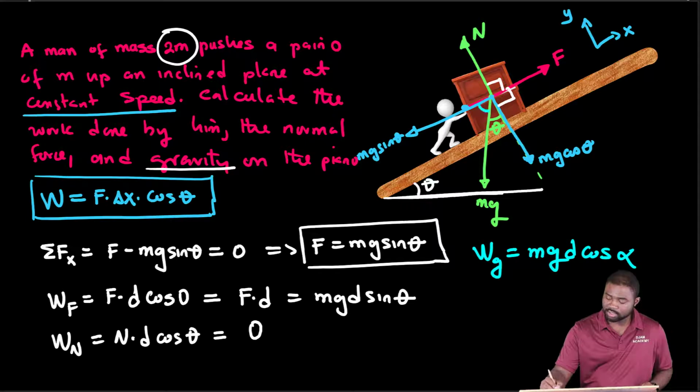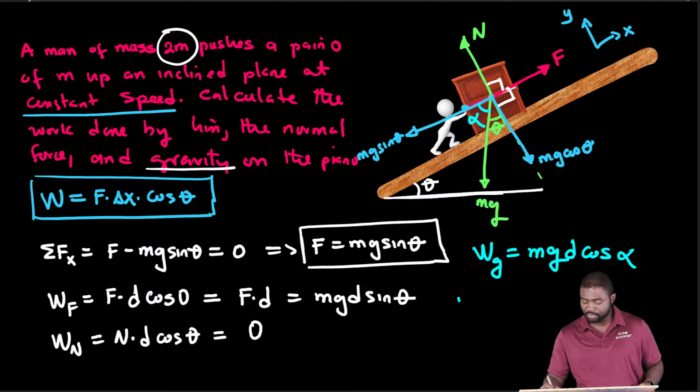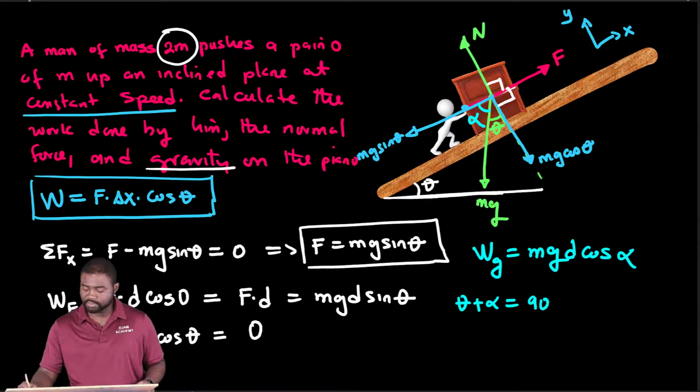If you look carefully, theta plus alpha is equal to 90 degrees, which means that alpha is equal to 90 degrees minus theta.